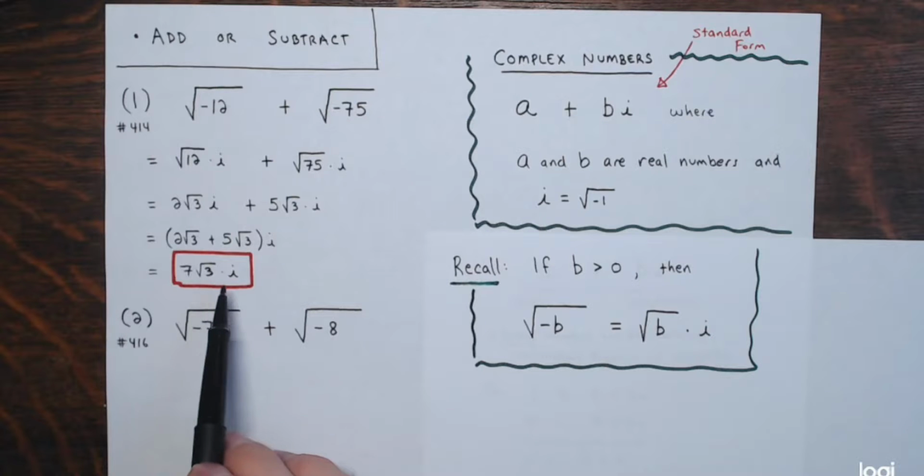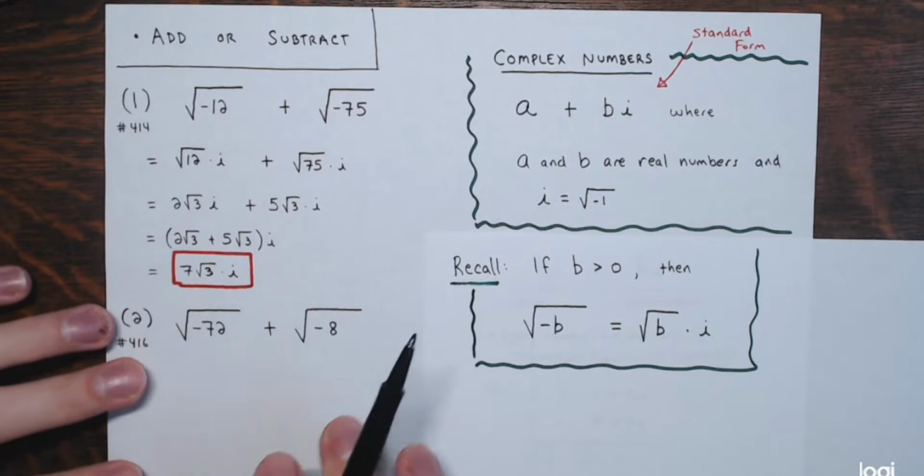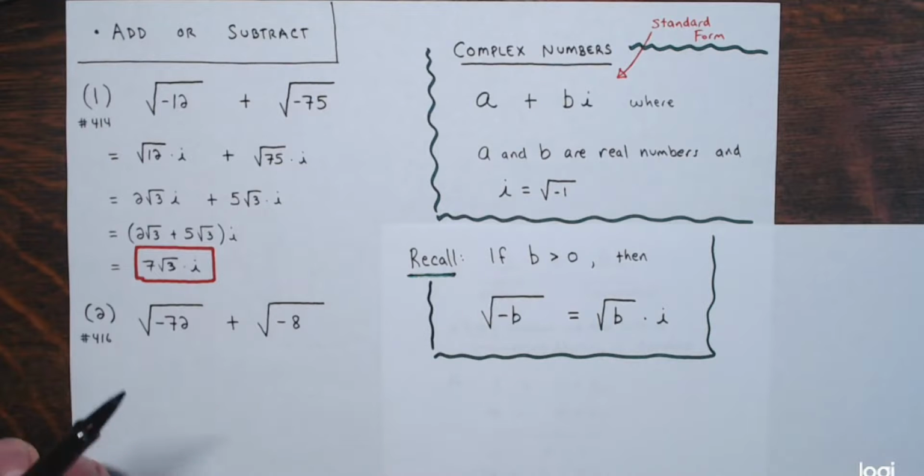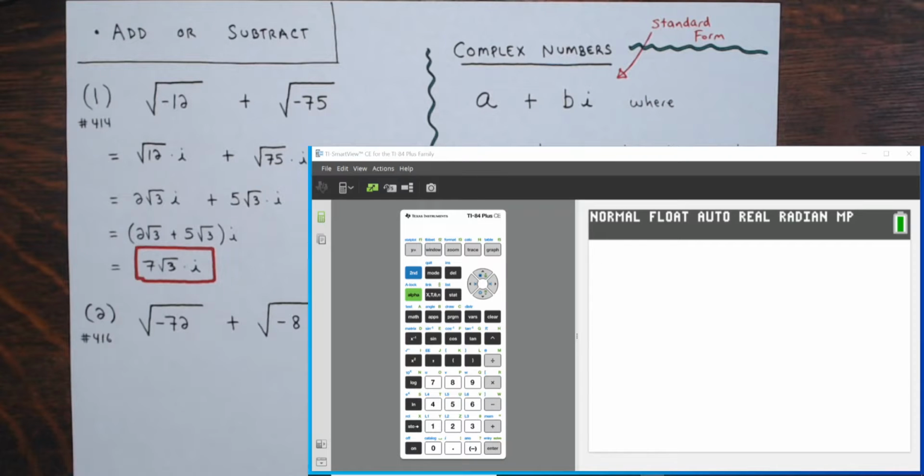Now, if we want to check our work, we can use a calculator. I'll show you. I have a TI-84 emulator that I'm going to be using. I've pulled up this TI-84 Plus emulator. Now, if you notice, where it says normal, float, auto, it says real.